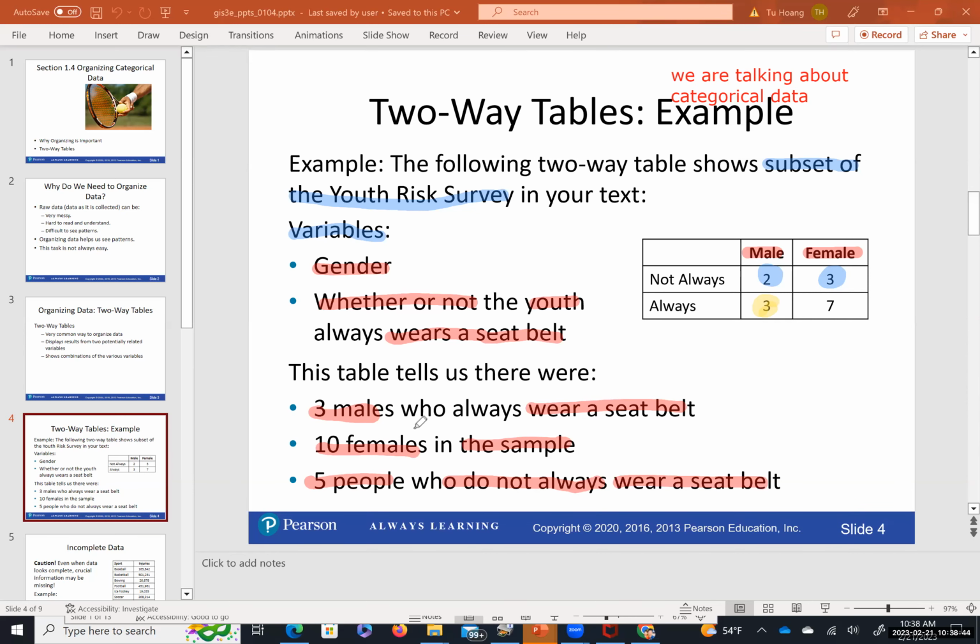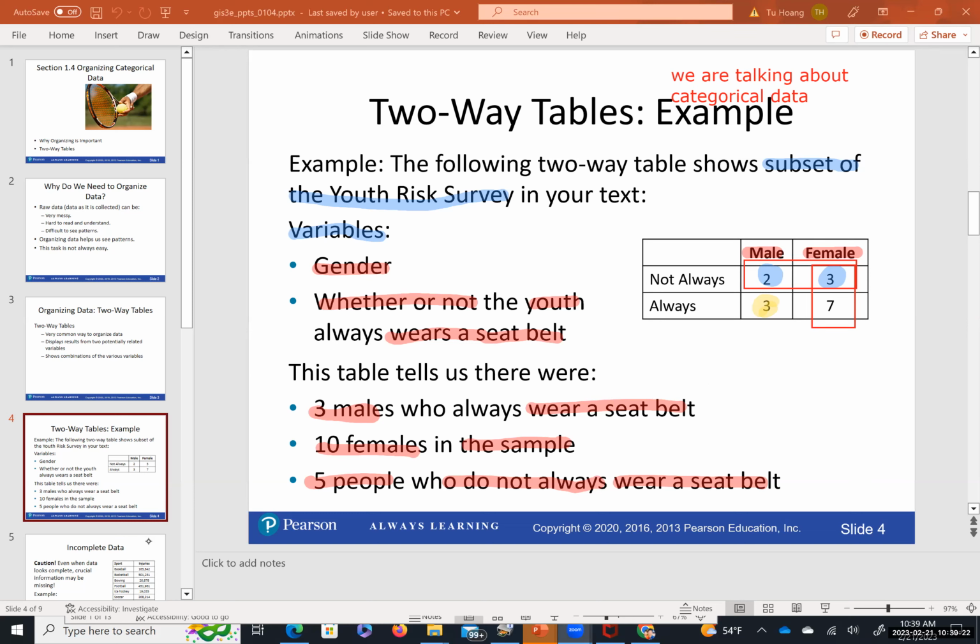If I add the female and male here, 2 plus 3 is equal to 5, so 5 people who do not always wear a seatbelt. And then 10 on the other side, 10 females in total. So that is the two-way table example.